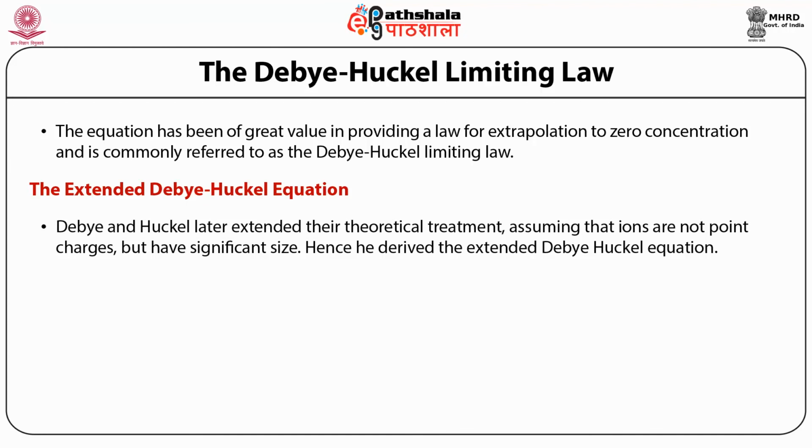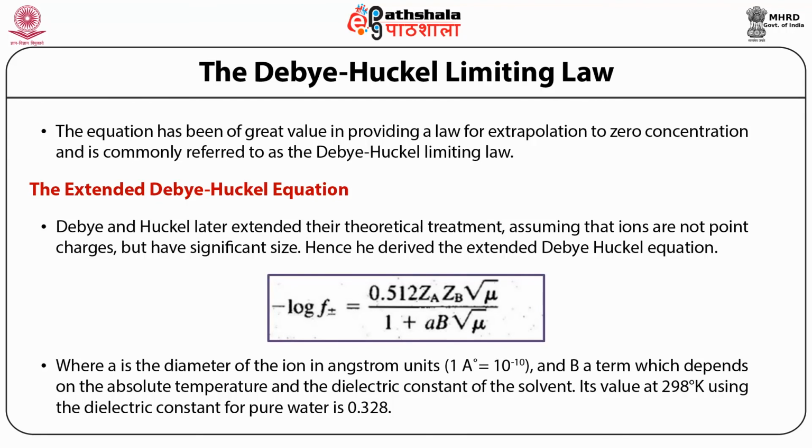Debye and Huckel later extended their theoretical treatment, assuming that ions are not point charges but have significant size. Hence, they derived the extended Debye-Huckel equation, where a is the diameter of the ion in angstrom units and B is a term which depends on the absolute temperature and the dielectric constant of the solvent; its value at 298 Kelvin, using the dielectric constant of pure water, is 0.328.